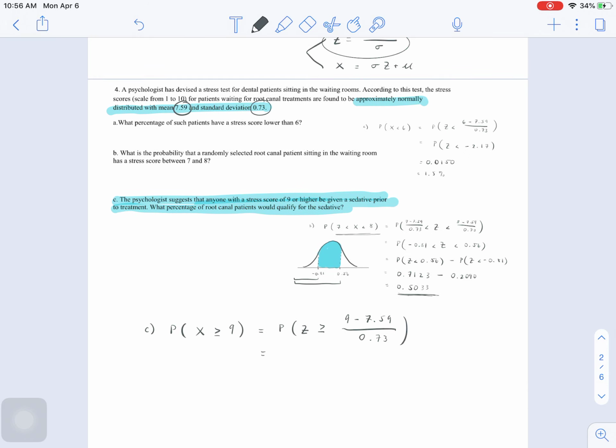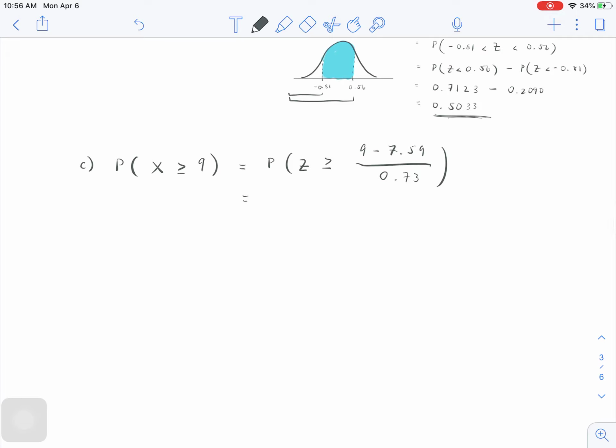I'll plug this into my calculator to get that 9 minus 7.59 divided by 0.73 is 1.93. So this tells me I want the area to the right of 1.93.